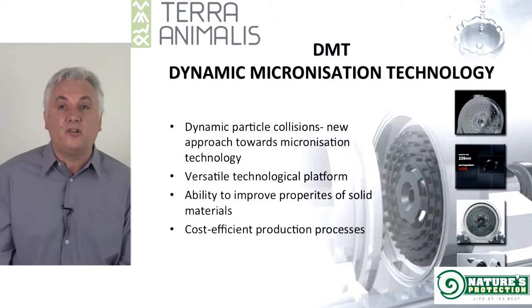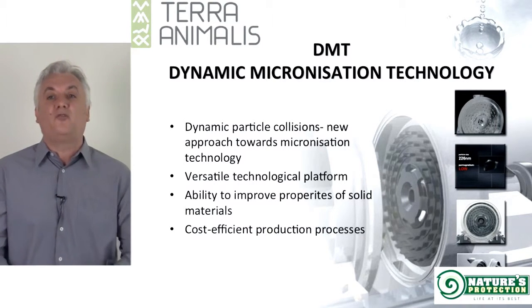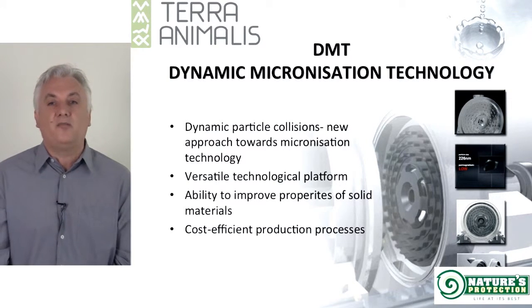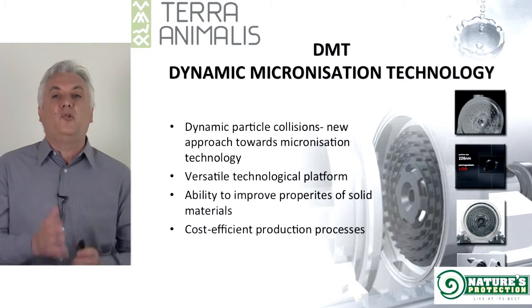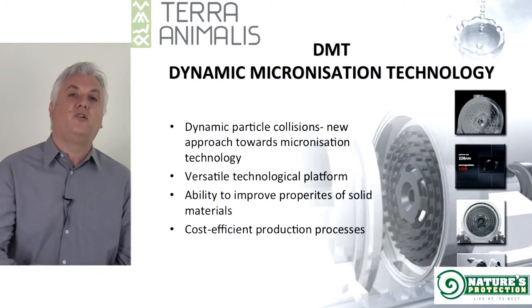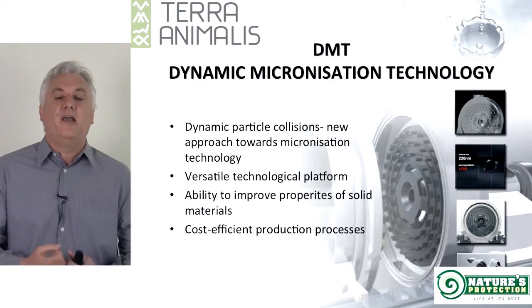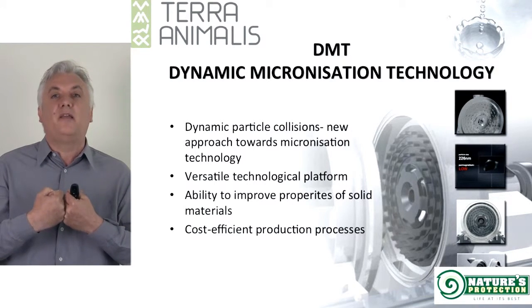Dynamic micronization technology, how does it work? We have two special discs with blades. We put the zeolites between them, and they rotate in the opposite direction. These blades increase the speed of the zeolite particles, and then the particles collide with each other and break into small particles.